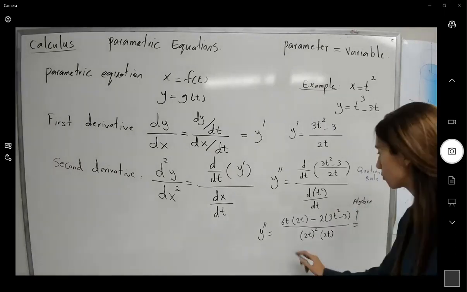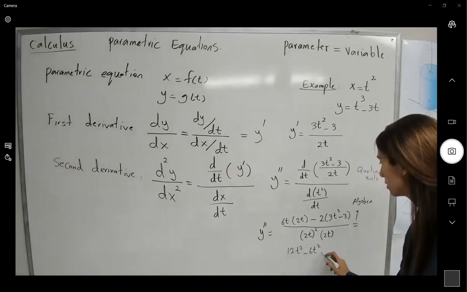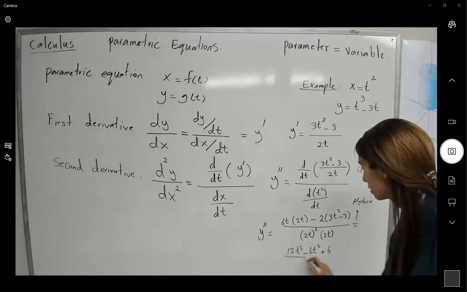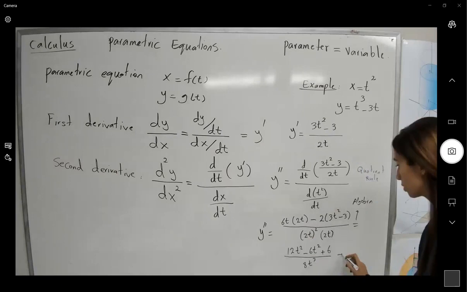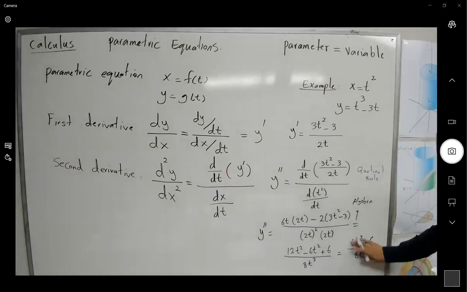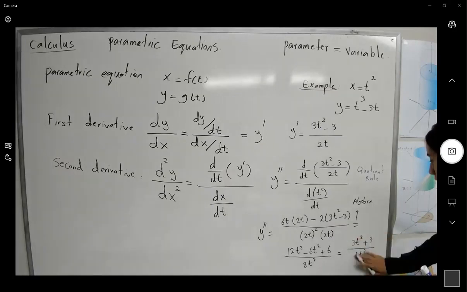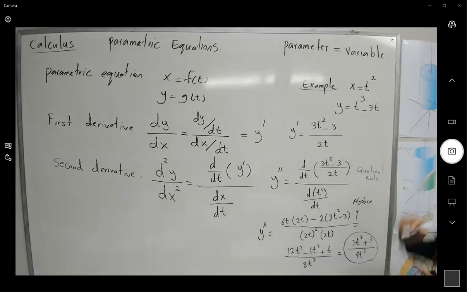It's equal to 12t squared minus 6t squared plus 6 divided by 8t cubed. So we get 6t squared plus 6 divided by 8t cubed. We can cancel out 2: 3t squared plus 3 divided by 4t cubed. This is the second derivative of this parametric equation.